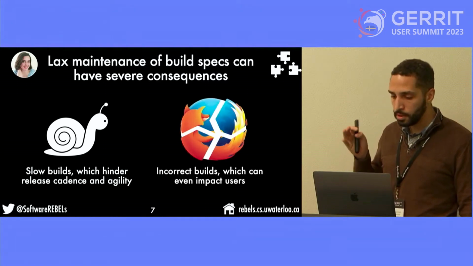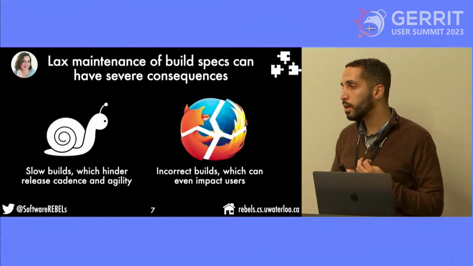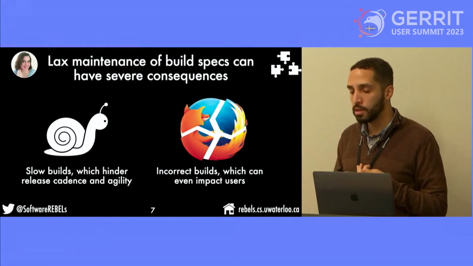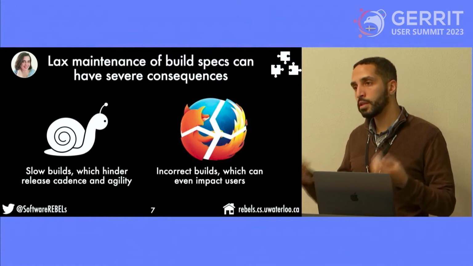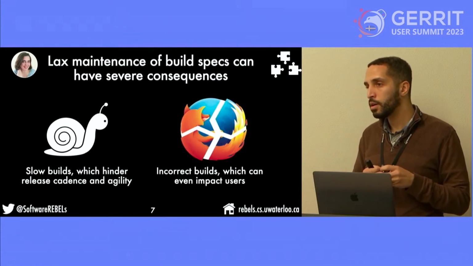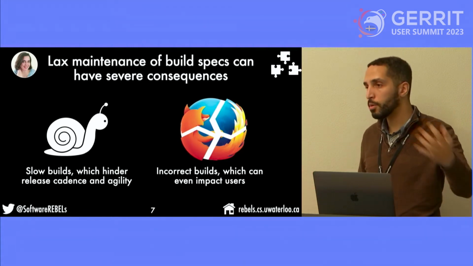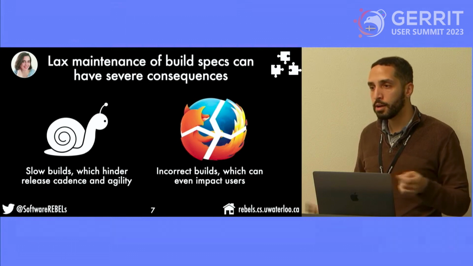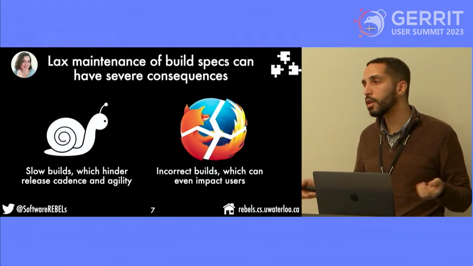Now, if you make mistakes in your build system, it can have other kinds of problems as well. It can even impact your users. So the example I show here is of Firefox. There was a release of Firefox a few years ago that wouldn't work for users with home directories that were mounted over the network because in their build script they had linked an incorrect version of a library.